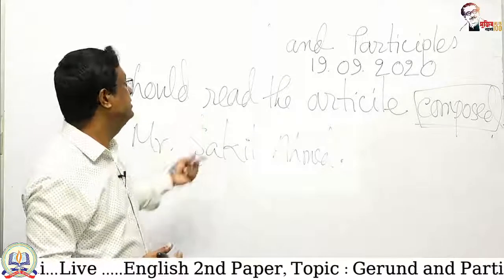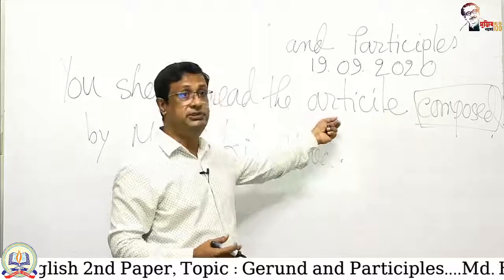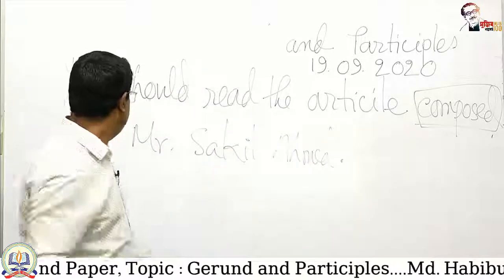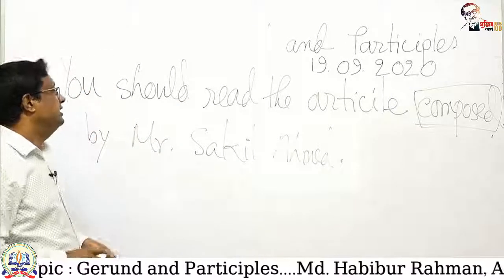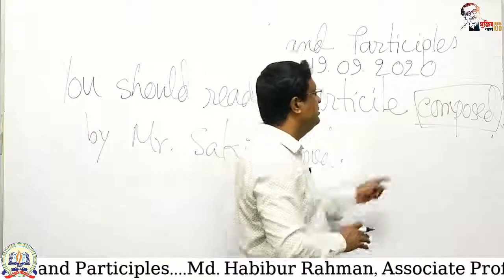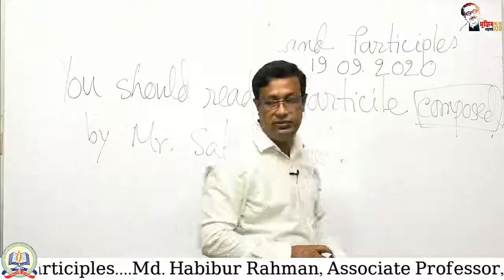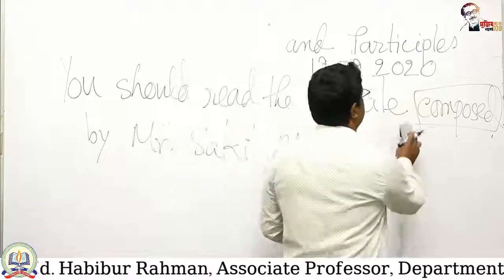Should read what? The article. So "article" is the object. And next, "composed by Mr. Shakil Ahmed." So if we want to make it a verb, we should write this in another style. What?